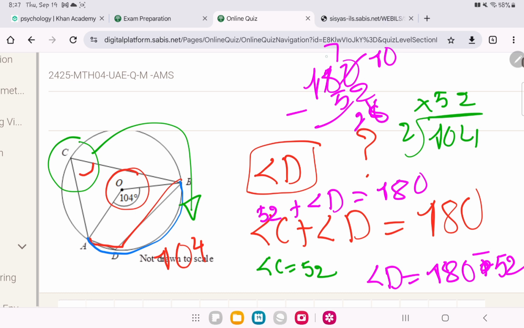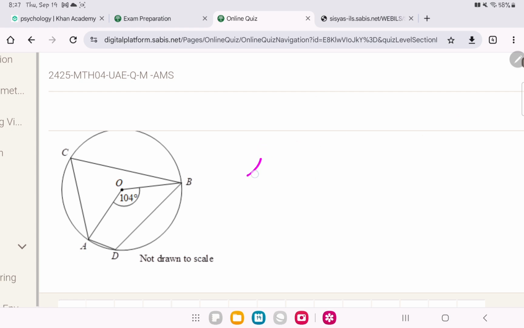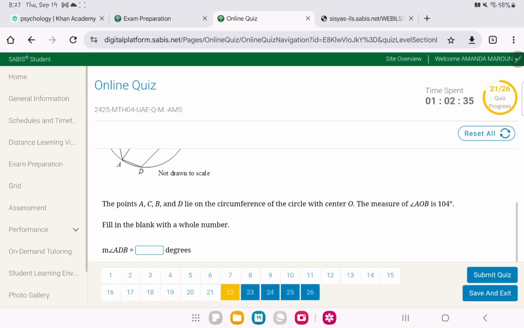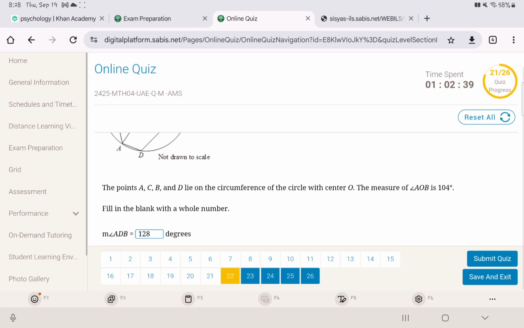This is 8, this is 2, and 1. So we got that angle C plus angle D is equal to 180. Angle C is 52 and angle D is how much? 128. So very simply, we found the measure of angle ADB, which is 128 degrees.